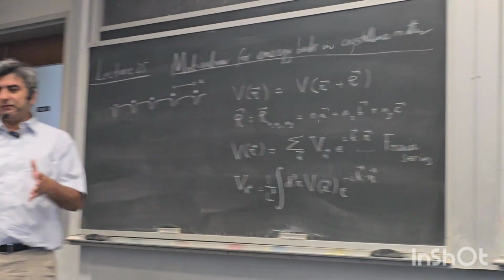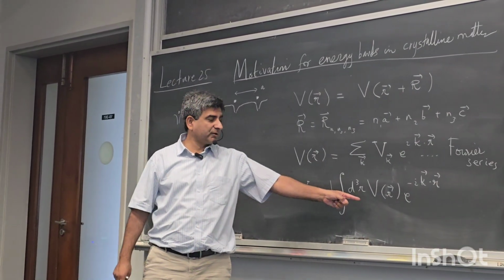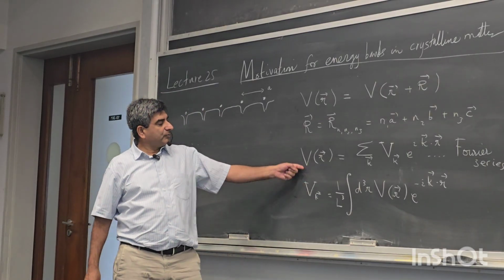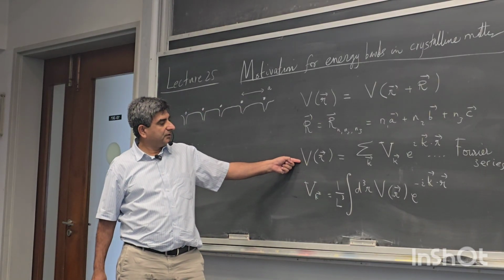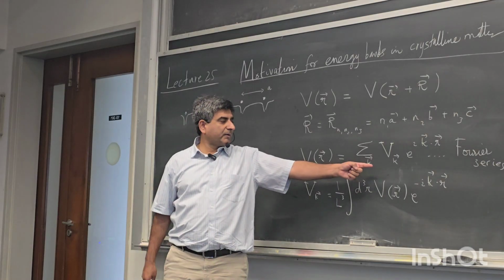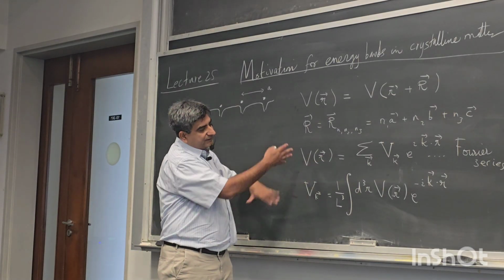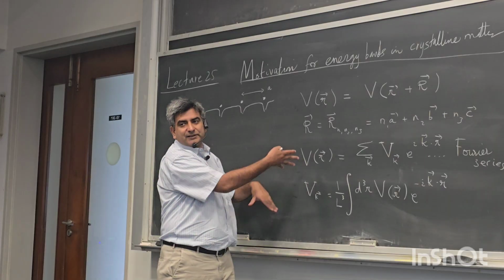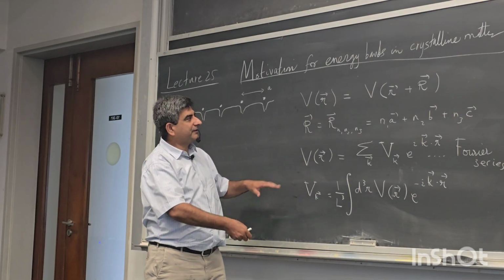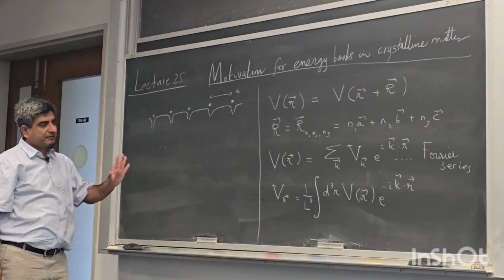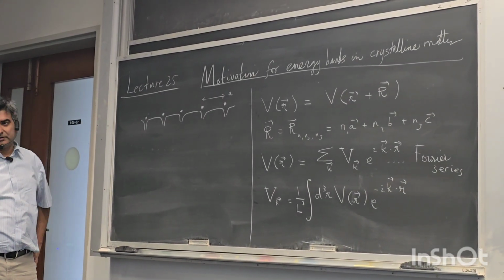I'm not using V for the volume because V is now reserved for the potential. So this is the Fourier transform of the potential, and that Fourier transform appears as a coefficient in the Fourier decomposition of V(r). So both of these are inverses of one another. Okay, so these are important mathematical relationships from Fourier theory that we would like to remember.